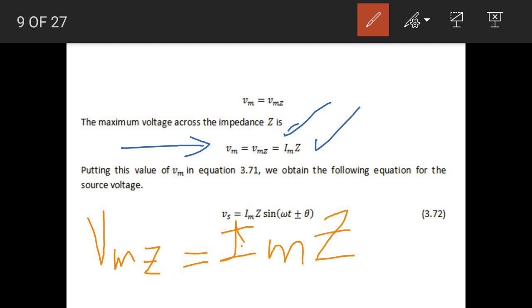The resistance of the single passive circuit element is represented by Z, where Z is the impedance of the original series circuit. So we can find out the maximum voltage across the source with the help of this particular equation.